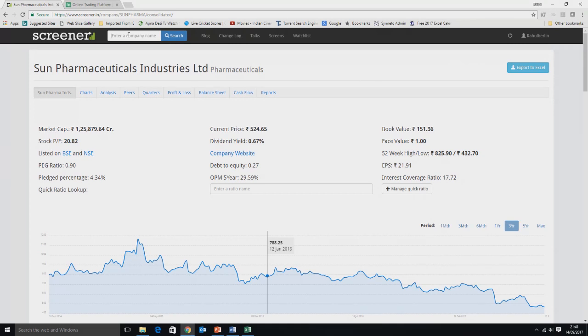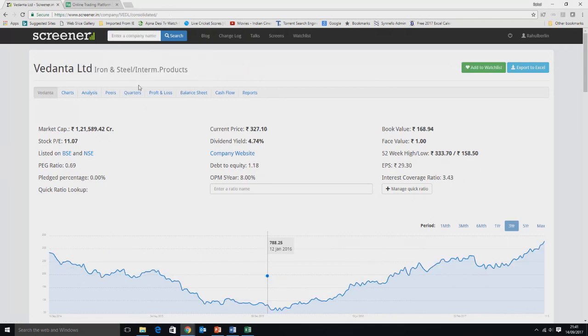Ashish asks for Vedanta. So let's see Vedanta. Current price to book value, it's 2. Okay, we can live with that. Stock P/E is 11%. People are expecting 11% profit. PEG ratio is 0.7. Okay. Debt to equity is also okay. And the interest coverage ratio is also good.